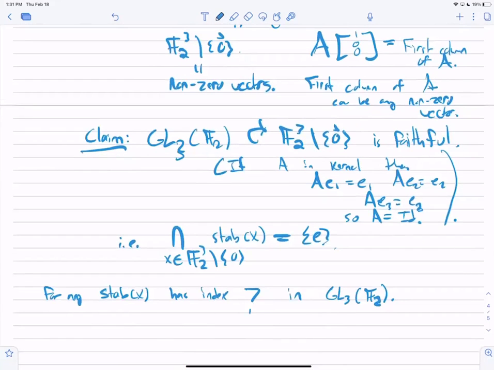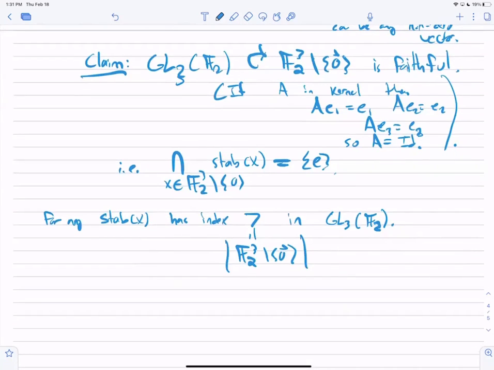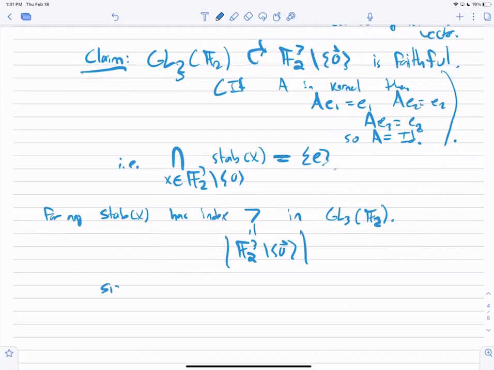The 7 is the number of vectors in F2 cubed minus 0. Sorry, what was the order of this group? 168. So I guess the stabilizer has size 24. That looks right, since this was 2 cubed times 3. Okay, good.